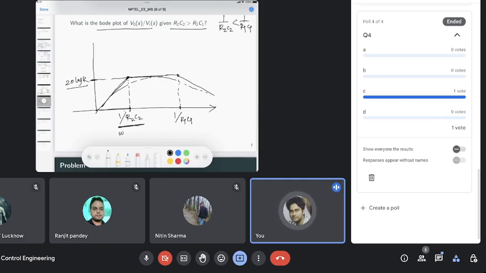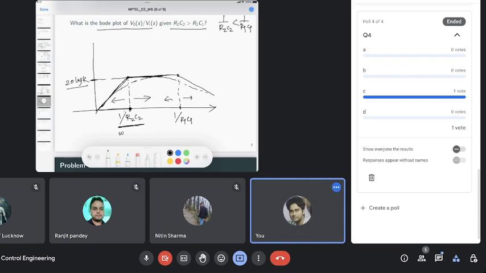Okay, the Bode plot is an asymptotic plot. That means at the corner frequency it will not be the exact one. For the first order system, you have already learned that in the Bode plot some error will be there at the corner frequency, but as you move very far from the corner frequency, the plot will match these asymptotes, because you are just drawing straight lines. At the corner frequency there will be some error, but away from it, it will be given by these asymptotes.